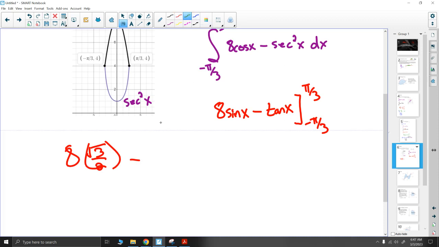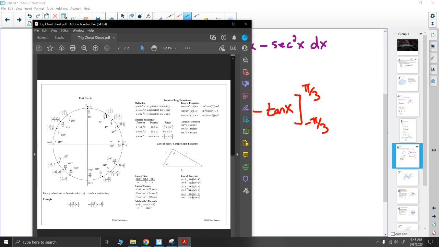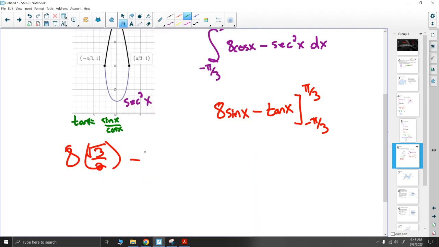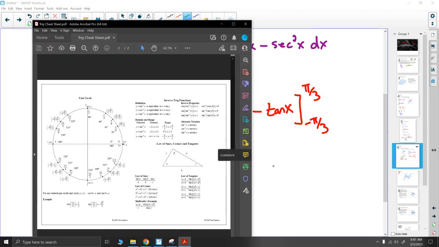Now, as a reminder, tangent is sine over cosine. I should write tangent x because tangent doesn't exist on its own. It needs an x or something. But that's sine x over cosine x, so we can still use the unit circle here. So tangent would be sine over cosine, so that's square root 3 over 2 over 1/2.